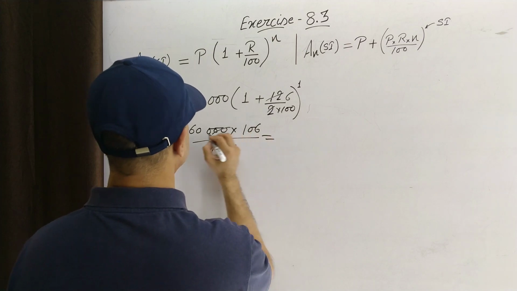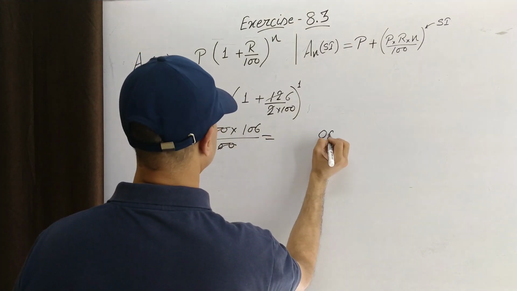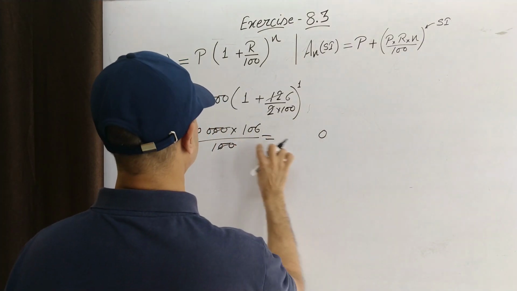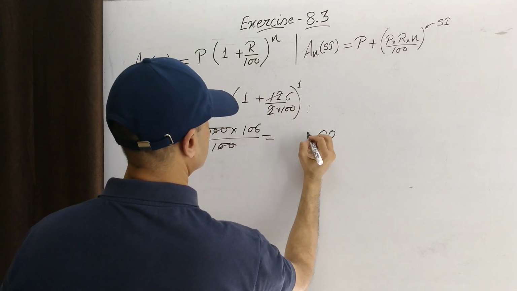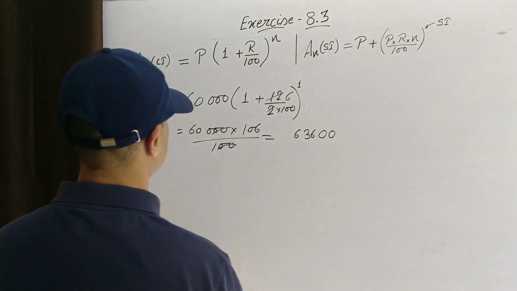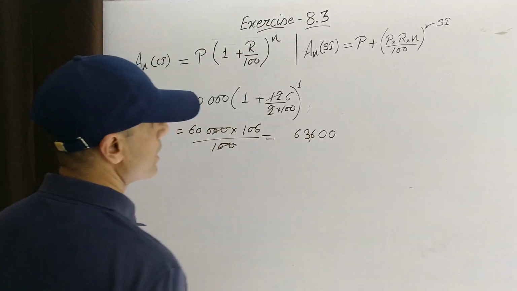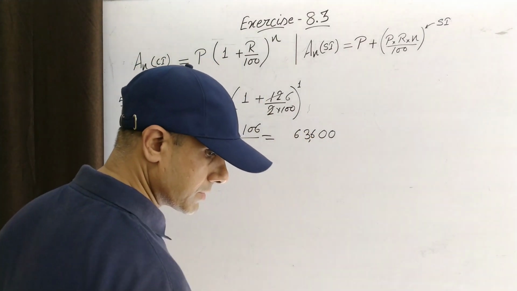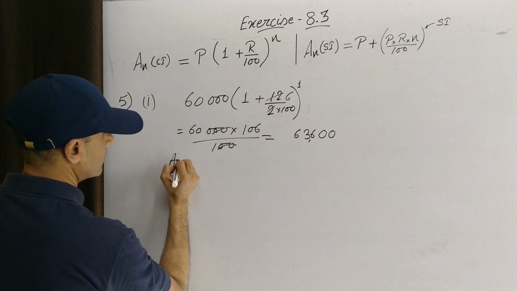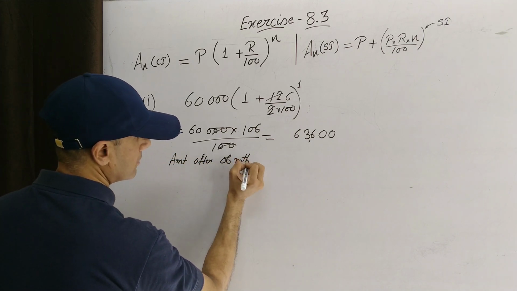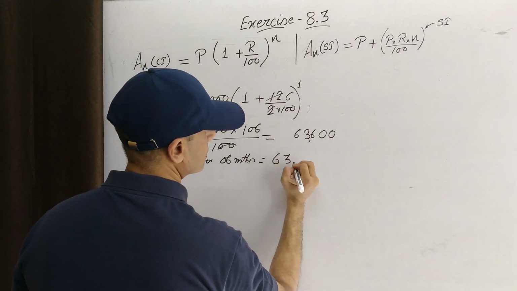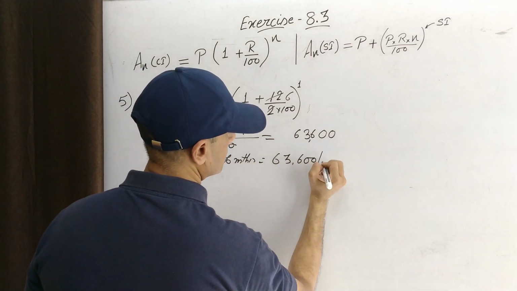So amount after 6 months is equal to 63,600 rupees.